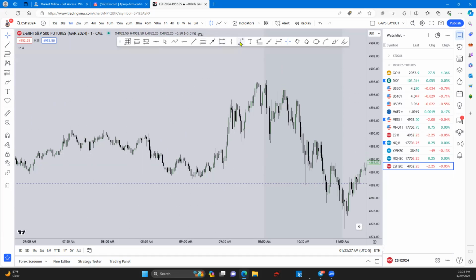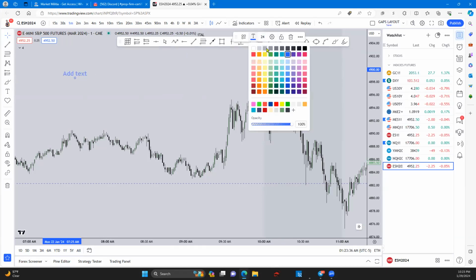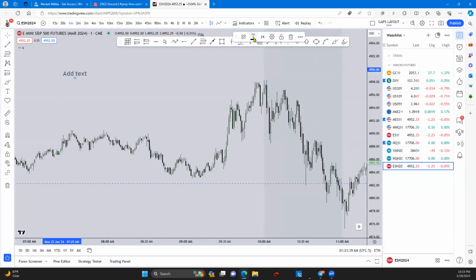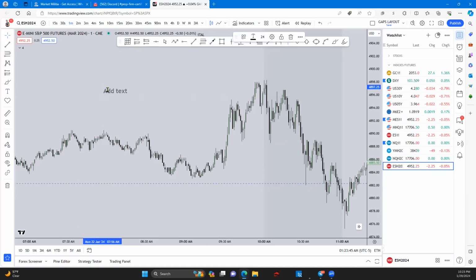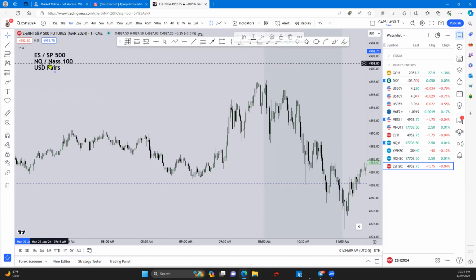You're going to want to trade ES or S&P 500, NQ NAS 100, or anything USD paired. Okay. So these are our pairs.